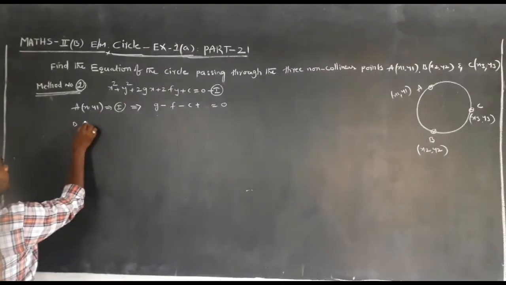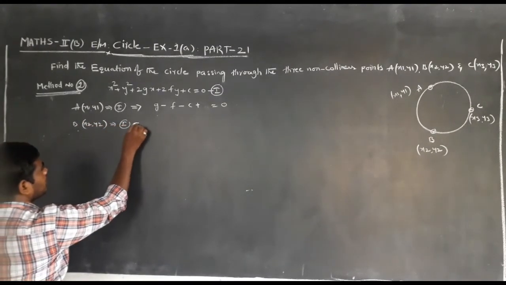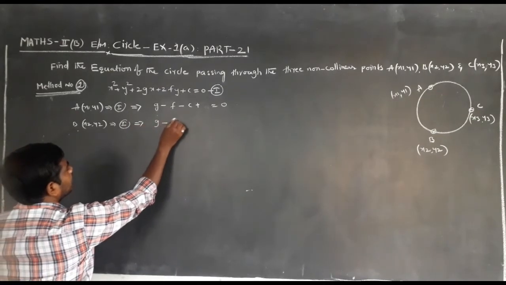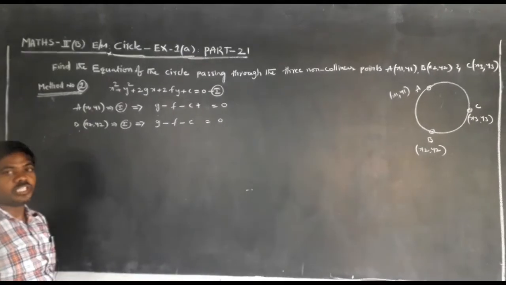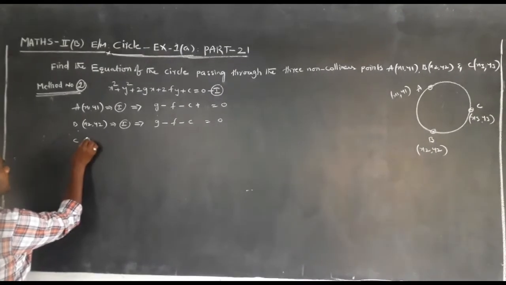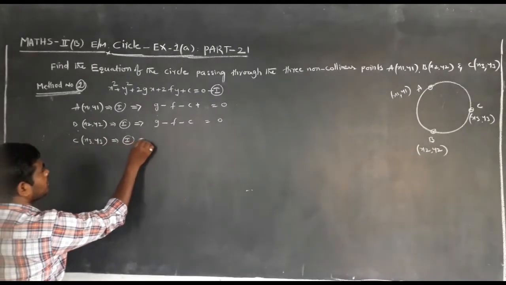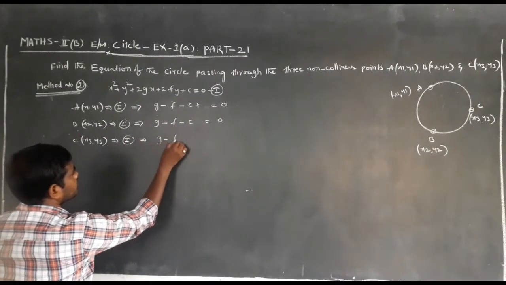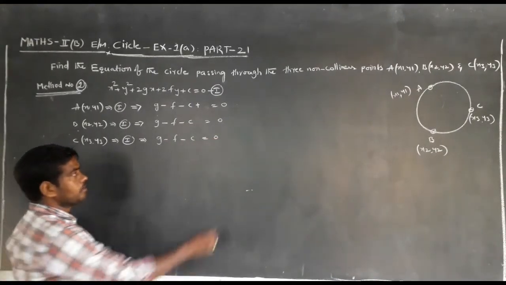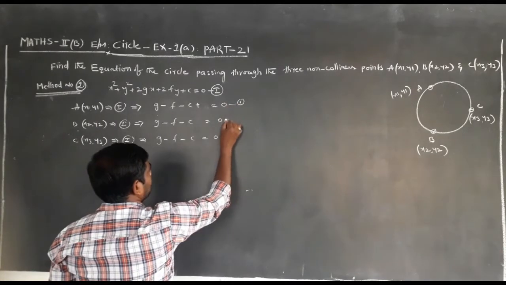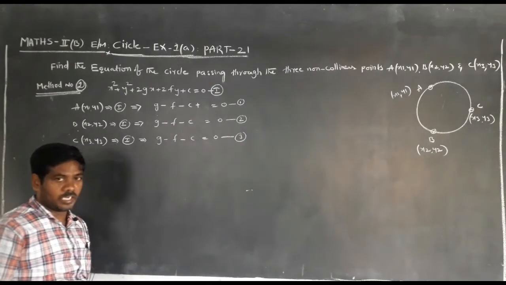Again substitute point B (x2, y2) in equation number 1 to get another equation involving g, f and c. Again substitute C (x3, y3) in equation number 1. Here also we get an equation involving g, f and c. These are condition number 1, condition number 2, and condition number 3.